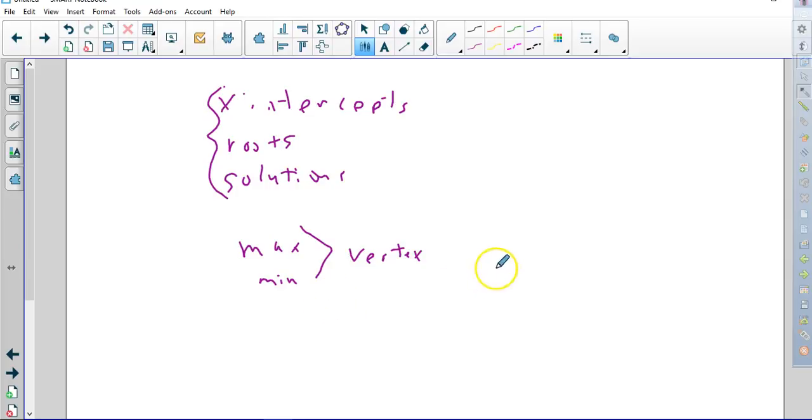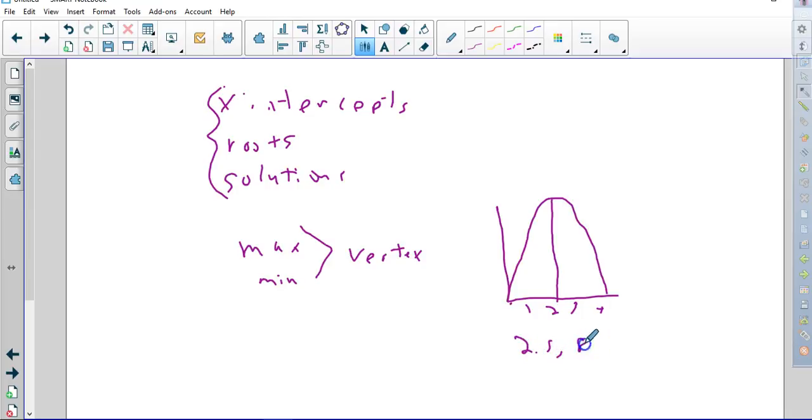So think about it. If you're looking on a real world problem and it's going up in the air, like we had before, 1, 2, 3, 4, and it looks like the vertex is about 2.5, and if it said how many seconds until it reaches the vertex, you would not put 2.5 comma whatever it is, 8.